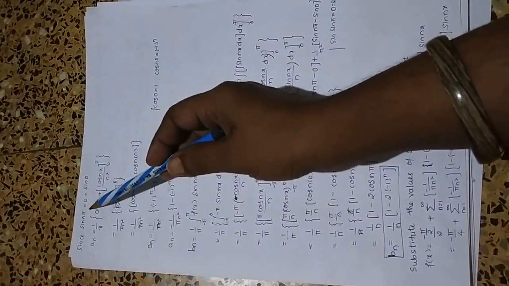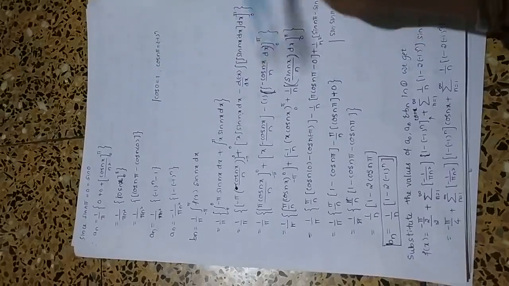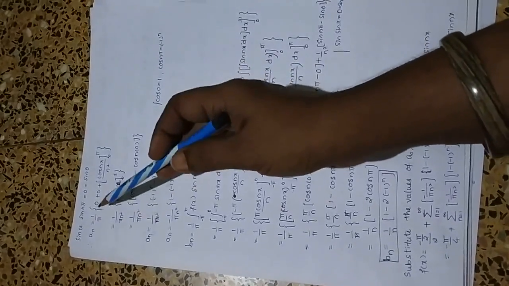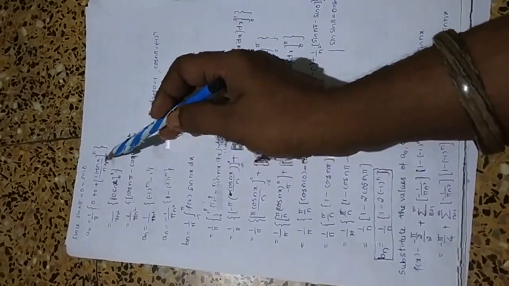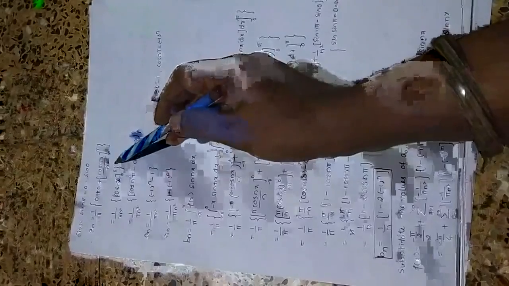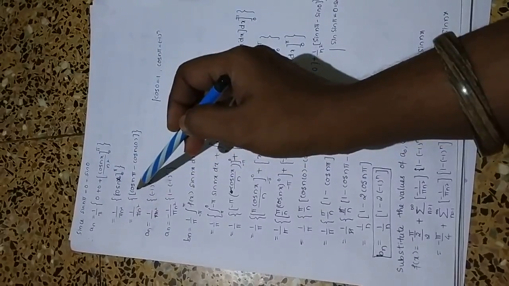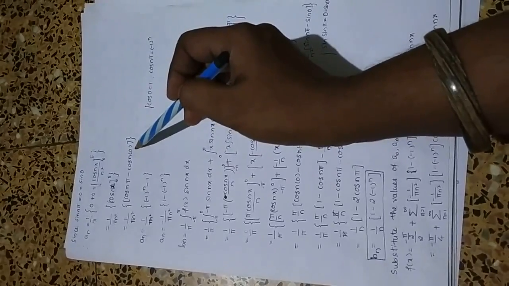Since sin n pi and sin 0 are 0, the first and second terms vanish. So an is equal to 1 by pi into bracket 0 plus 0 plus cos nx by n square from 0 to pi. Next, taking 1 by n square outside, 1 upon pi n square into cos nx from 0 to pi. Applying the limits, cos n pi minus cos n into 0.